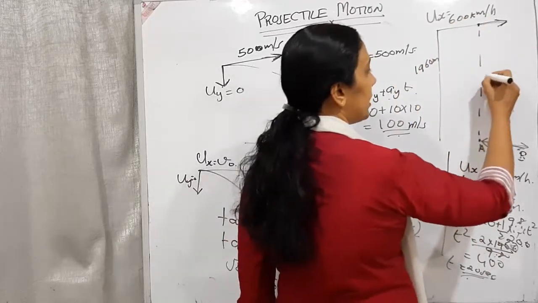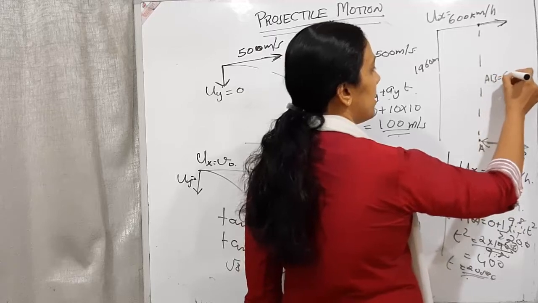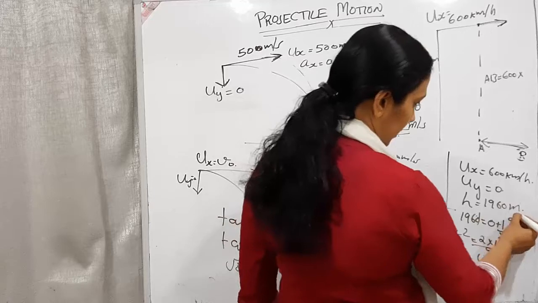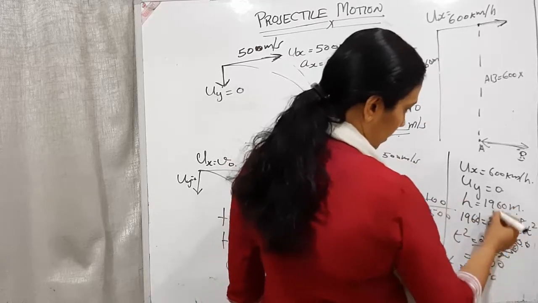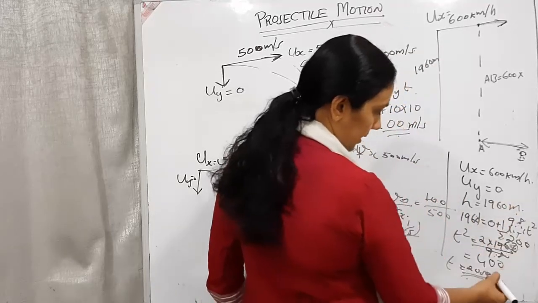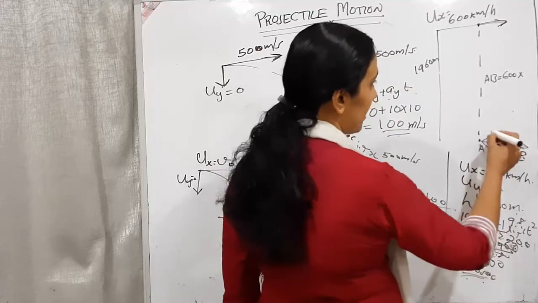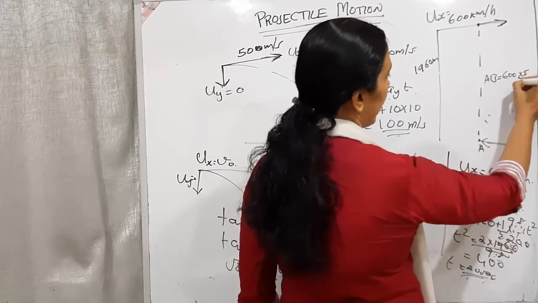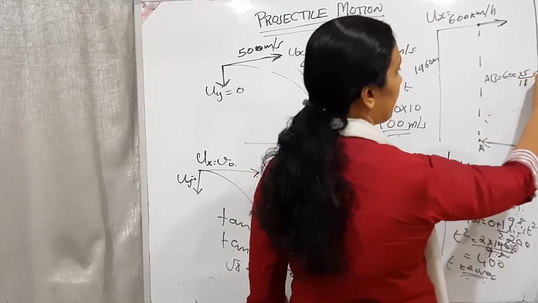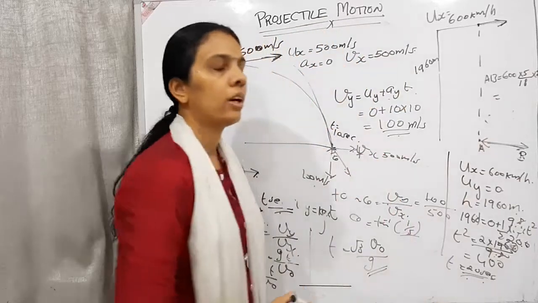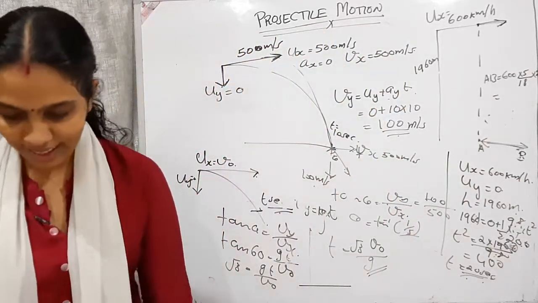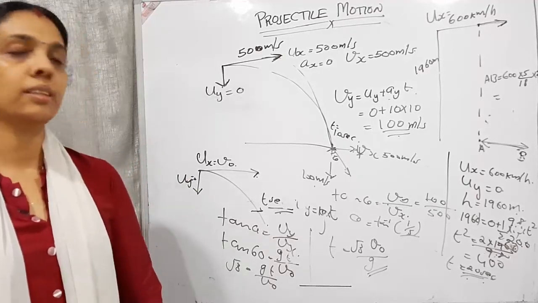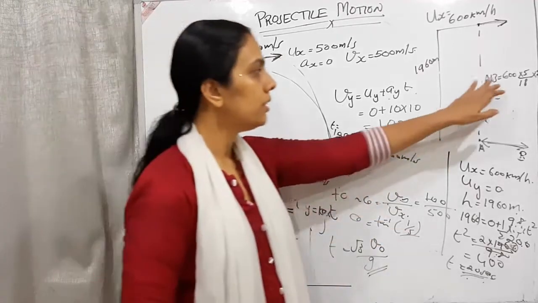Therefore we can simply multiply: AB will be equal to 600 km per hour into 20 seconds. Since the speed is in kilometer per hour and the time is in seconds, you can multiply 600 into 5 by 18 into 20. When you substitute and find the answer, you will get 3.33 kilometer.